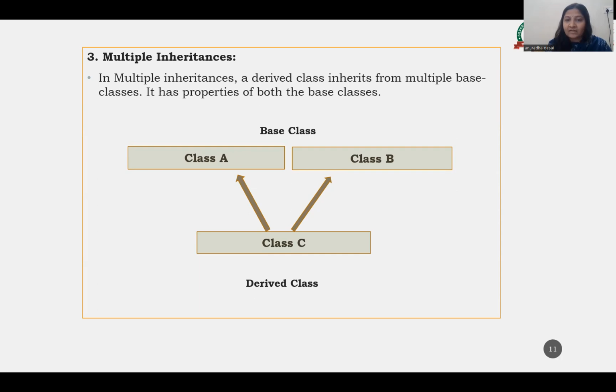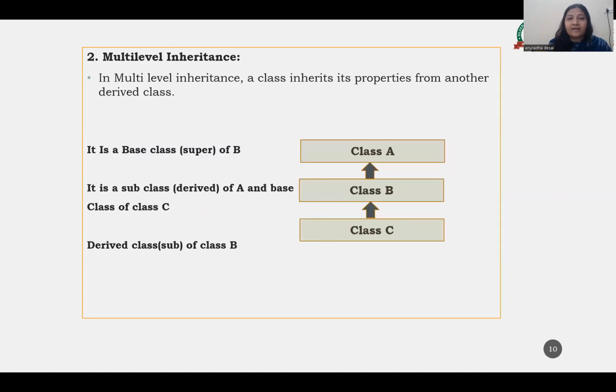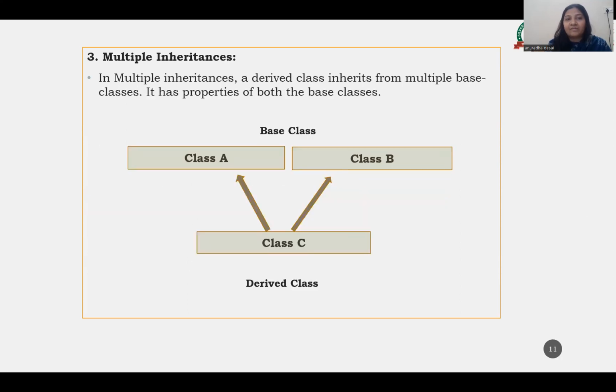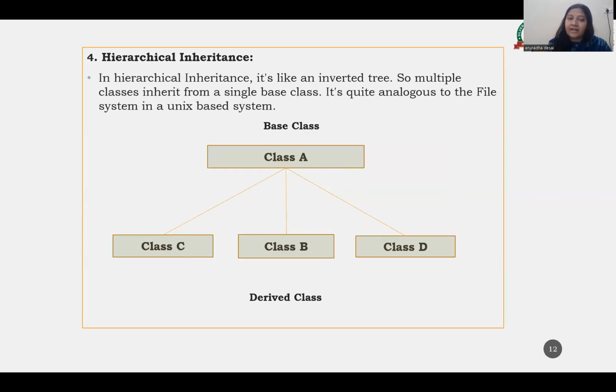So here class A and class B are my base classes and class C is my subclass, inherited from the two base classes. While in multi-level, which we have discussed, class A is a superclass for class B and class B is a superclass for class C. So this is the difference between multiple and multi-level inheritance.